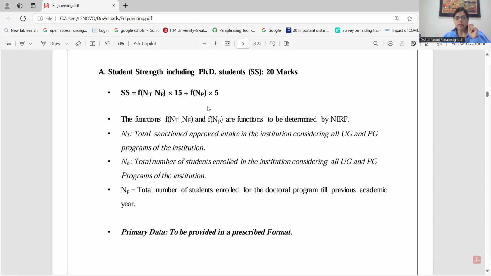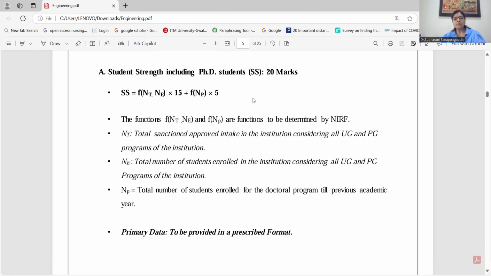In the same way, if we go for NP, NP I have taken as an example of 10. Of how much total intake? The NT was 240. Then if we substitute, that is 10 upon 240, it will be 0.0417. Okay.